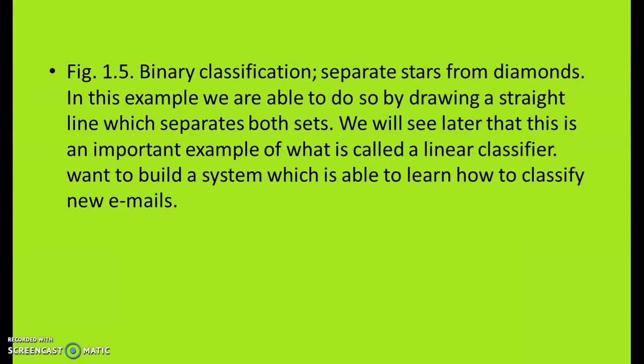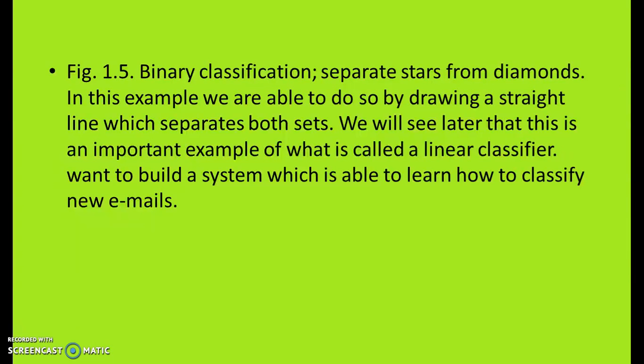Okay, so we consider a particular scenario in which we have a binary classification, separating stars from diamonds. In this example we are able to do so by drawing a straight line which separates both sets. We will see later that this is an important example of what is called a linear classifier.